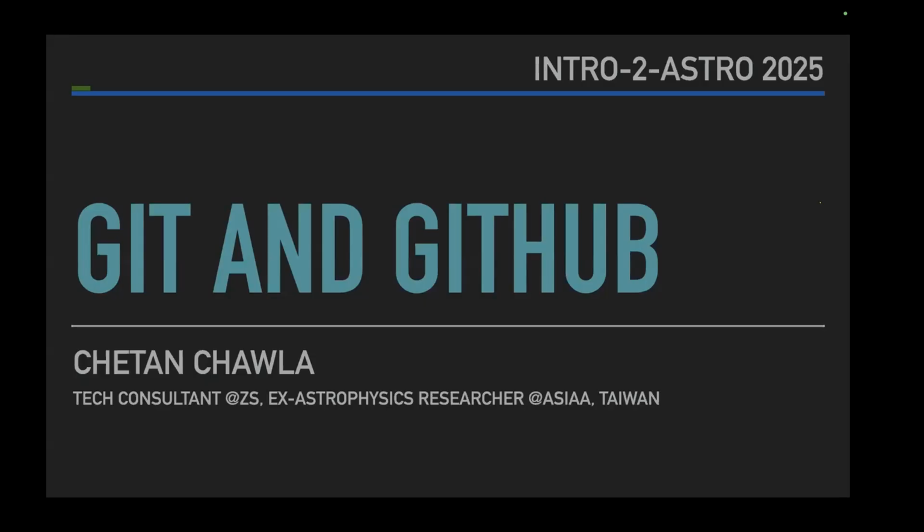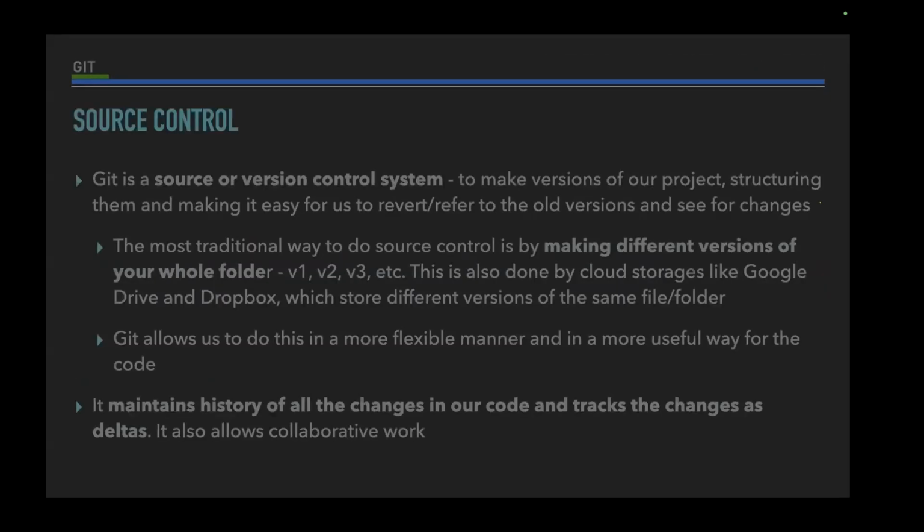All right. So starting off, what is Git? Git is basically a source or version control system. What that means is that whenever we are making a project, we want to save some kind of versions of it. In a traditional setting, you would have a folder with all your code or whatever you are writing, in case it's a text-based project.